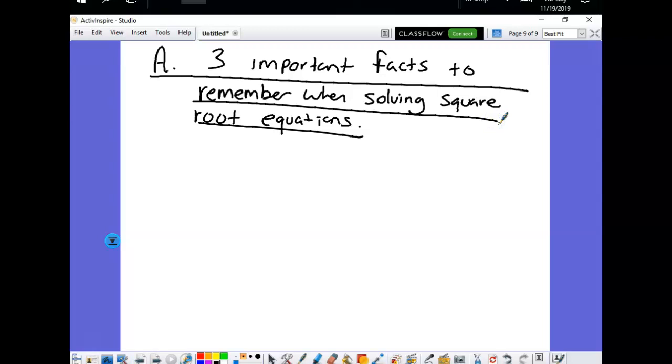So 3 important facts to remember when you're solving square root equations. Take notes, boys. All right. So fact number 1.